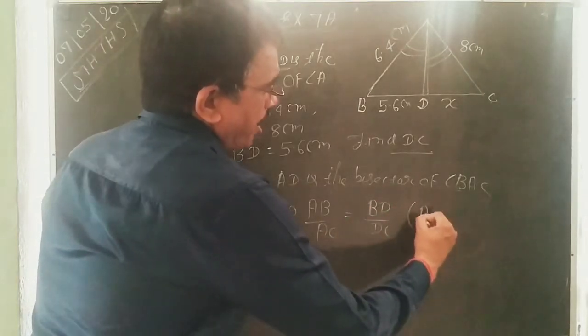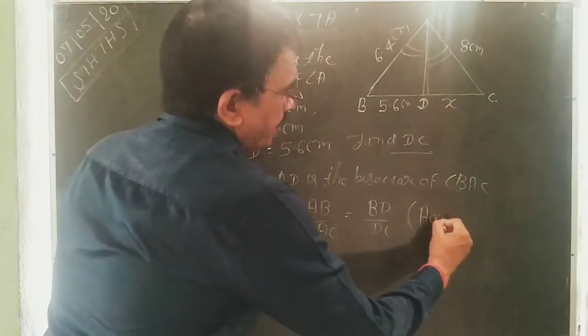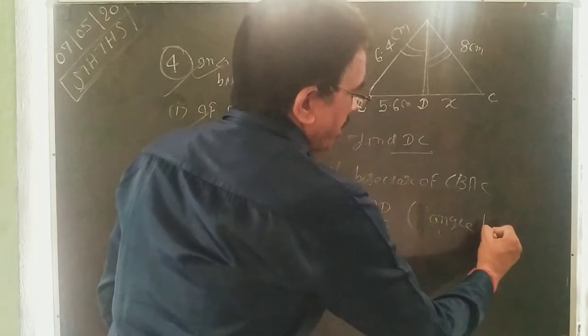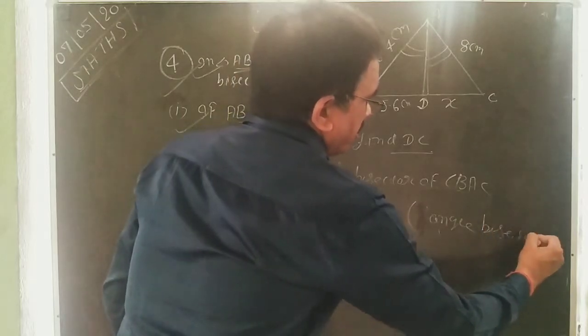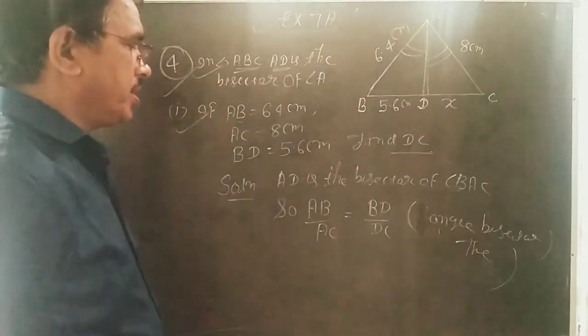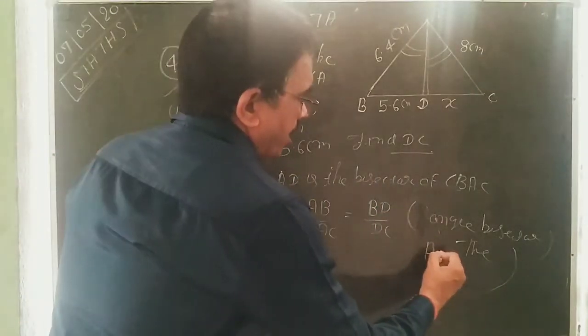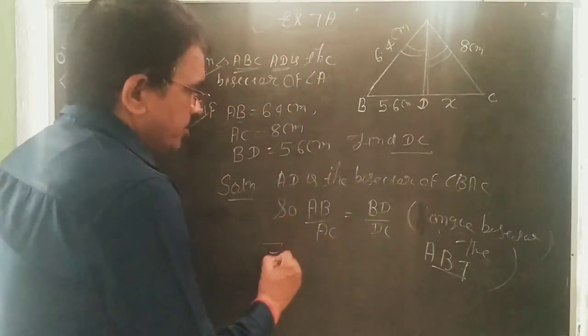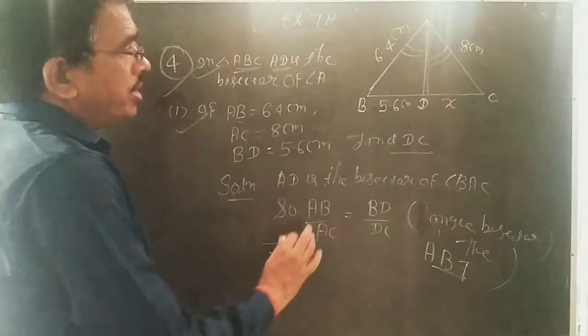Its name is angle bisector theorem. This name, angle bisector theorem. Short name, angle bisector theorem AB. And now substitute only values and find the solution.